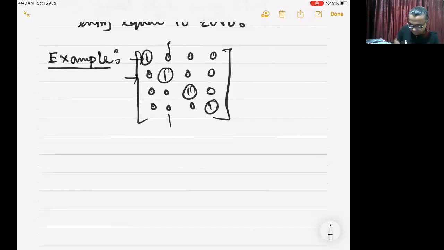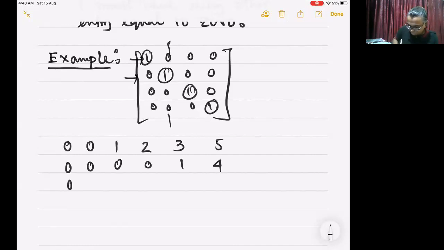Similarly, I can also have something like say 0 0 1, and then say 2 and 3. Then have 0 0 0 0 1, 5 4, 0 0 0 0 0 1. Is this row reduced?